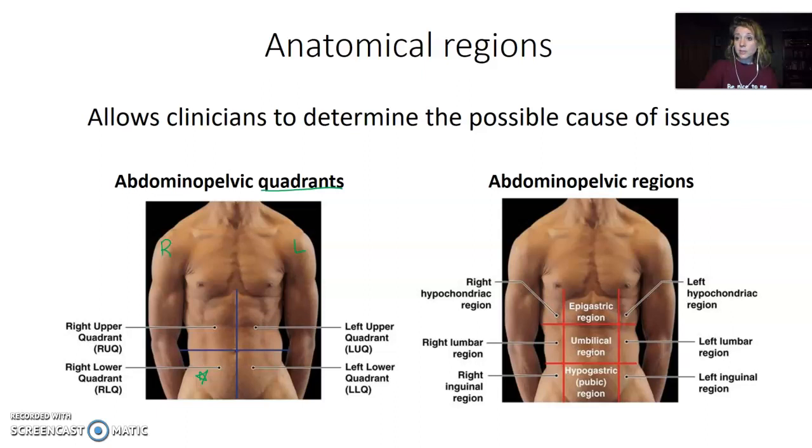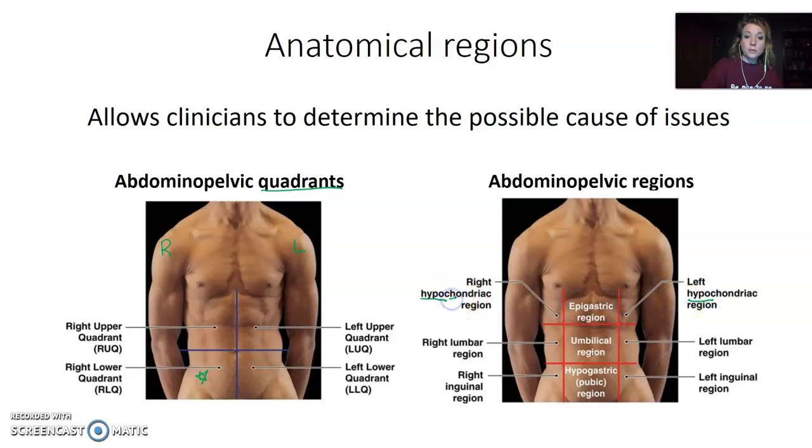And the names may look a little bit strange, but actually the names tell you exactly where they are. So let's take a look at the names along the very top row. We have the right hypochondriac region, the epigastric region, and the left hypochondriac region. Now, you've done a little bit of etymology on your medical terminology assignments, and you may remember that hypo means under.